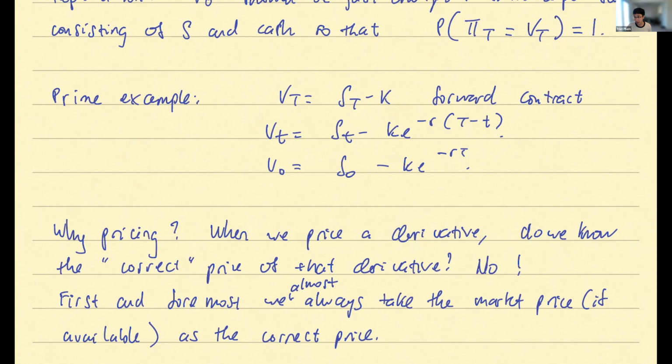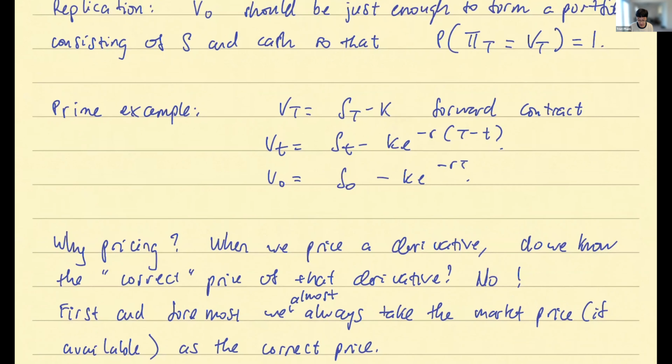What does correct mean, right? So here, the word correct is very, very vague. It means correct in our theoretical framework. In real life, it might not mean that.